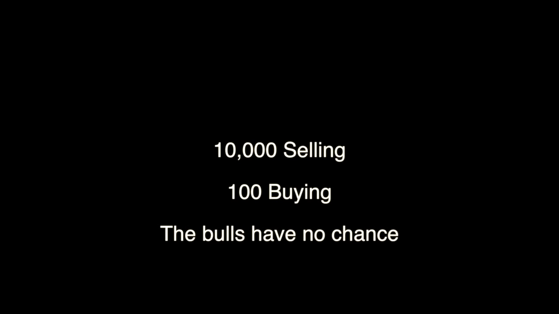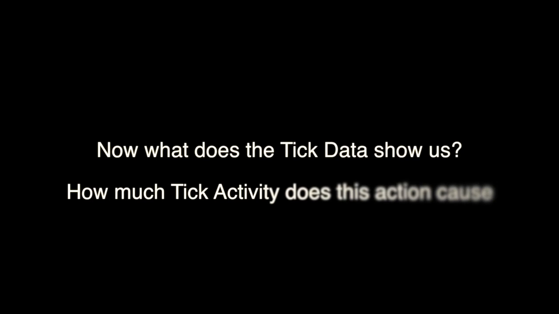But how much? 10,000 contracts selling, 100 buying, the bulls have no chance but to give up. The price drops heavily. Now what does the tick data show us? How much tick activity does this action cause? A low amount. If this surprises you, I'm going to tell you why.